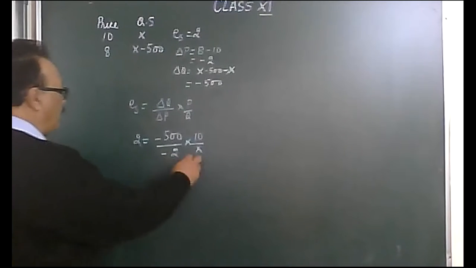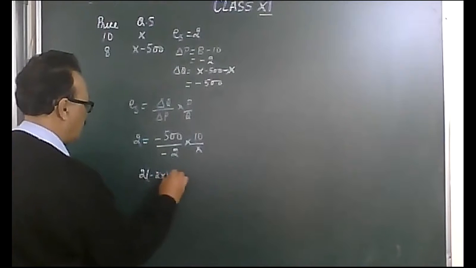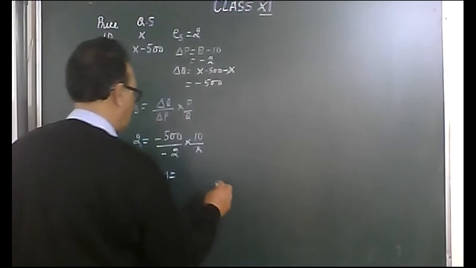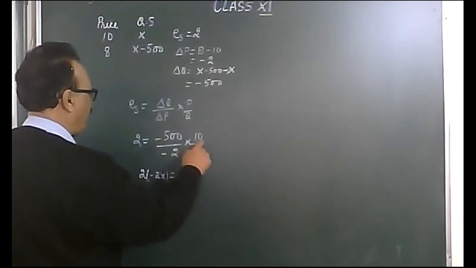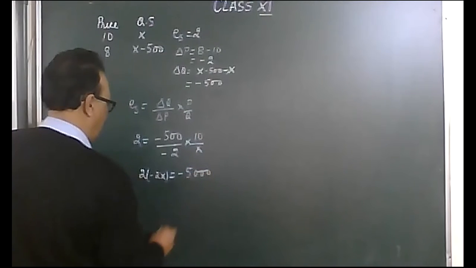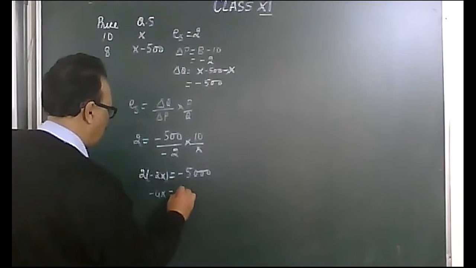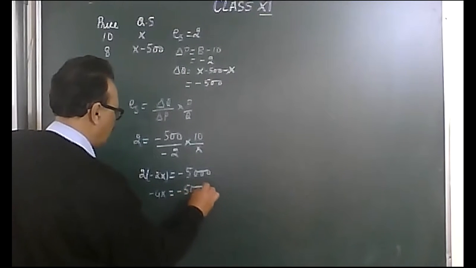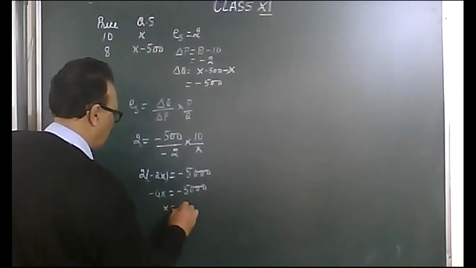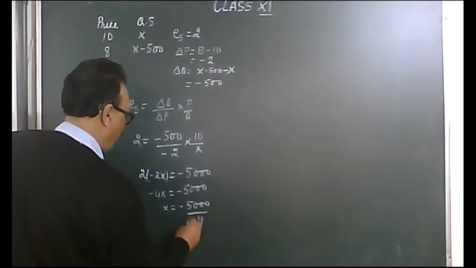Cross multiply. 2 into minus 2 into X is equal to minus 500 into 10, which is minus 5000. Minus 4X is equal to minus 5000. X is equal to minus 5000 upon minus 4.